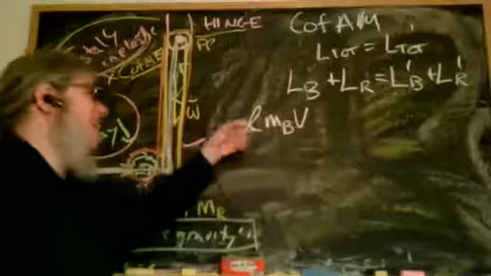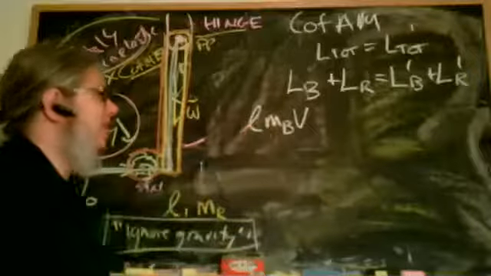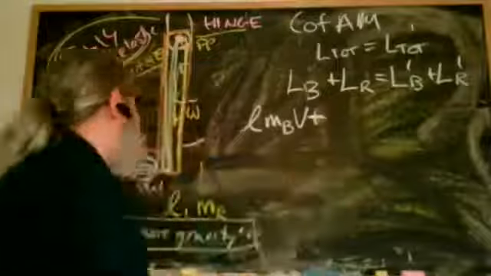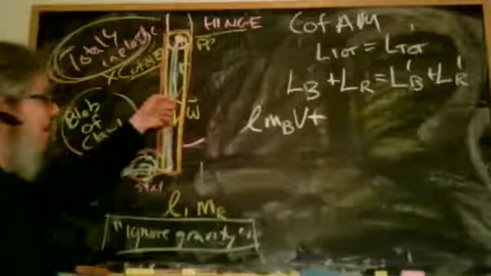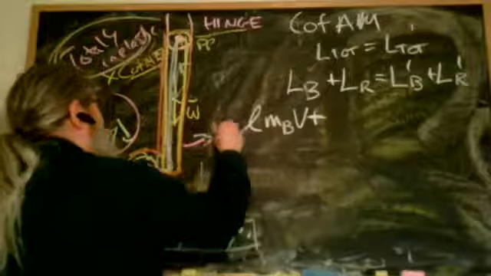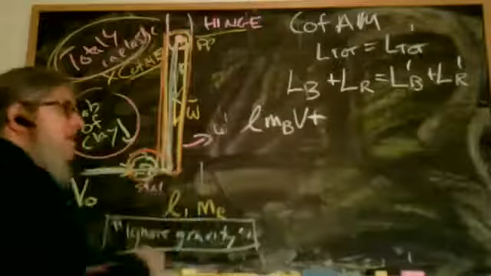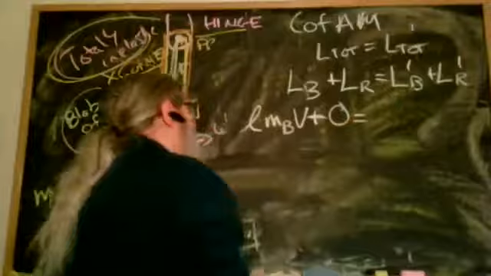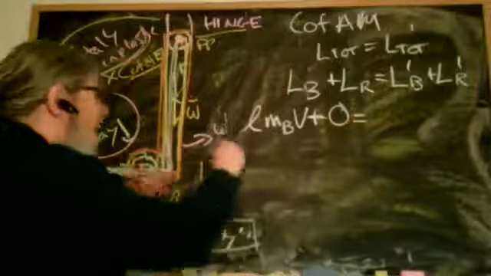And if you want, again, it's just m r v. It's the same thing. Plus the angular momentum of the rod, which is just I times the initial omega. But the initial omega is just 0. So that's just 0.